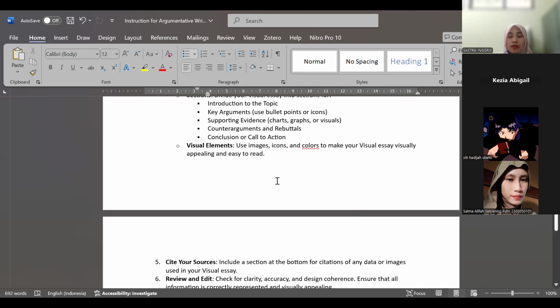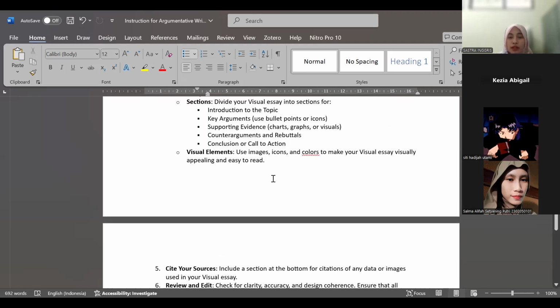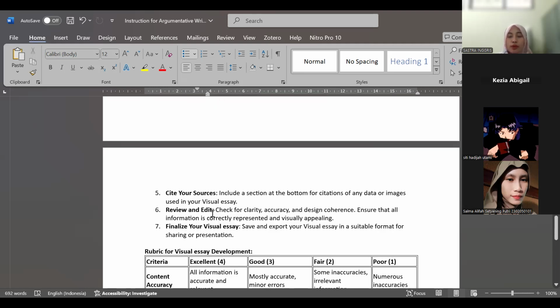The elements that are related to the visual essay here contain images, icons, and colors to make your visual essay visually appealing and easy to read. Don't forget to cite the sources. Where do you get the pictures or the images from? Put them at the bottom for citations, and so on.